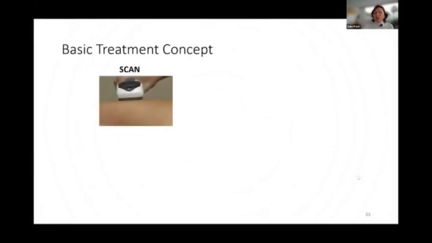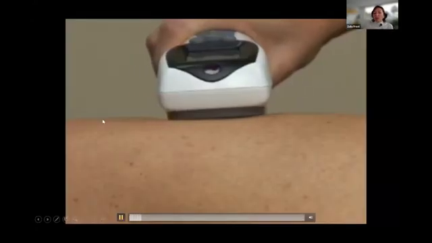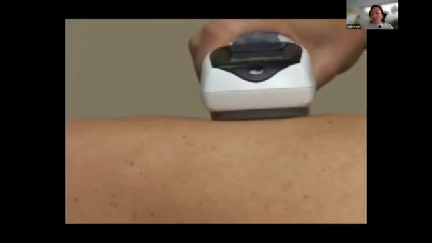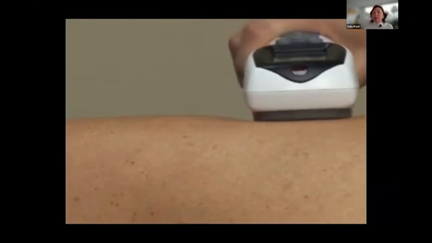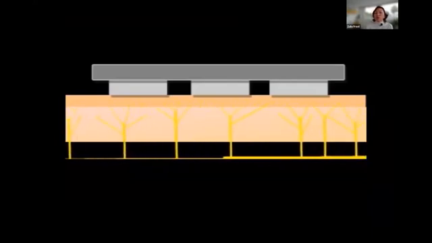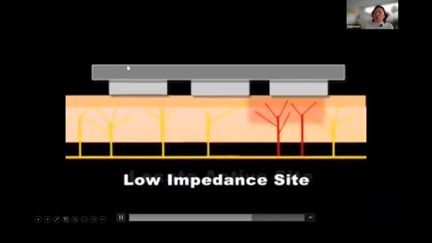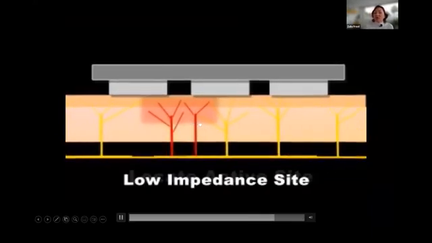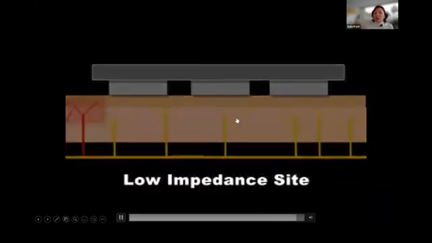So the basic concept, scan target dynamic, starts with scan. When you scan the skin, you look for areas of low impedance, which would represent the corresponding sympathetic nerve being activated, yes? And you hear the sound disappear.